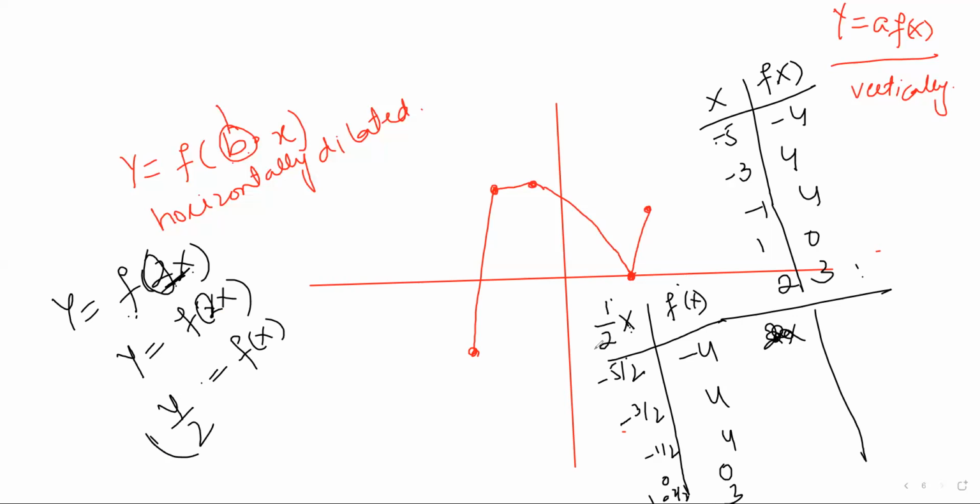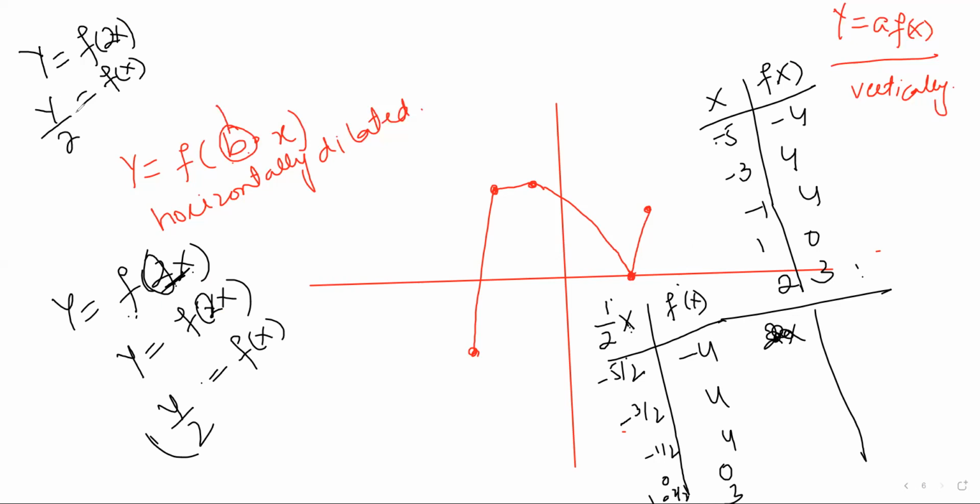See, we have y is equal to f of 2x. So it can be y by 2 is equal to f of x. It is just telling us that we are dividing by this factor.